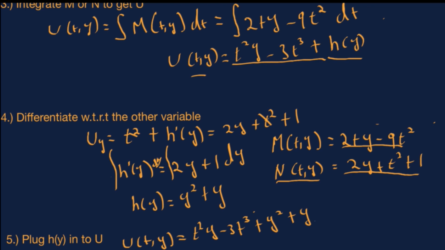And remember that this function u is actually a constant, so all that can be equal to some constant. And this actually is the implicit general solution for our equation.